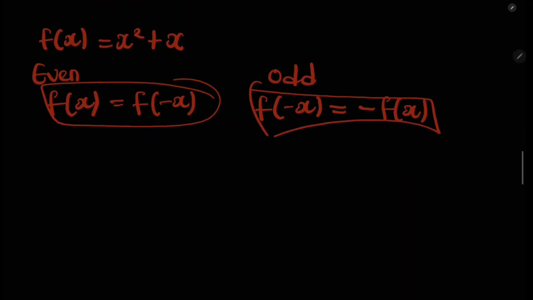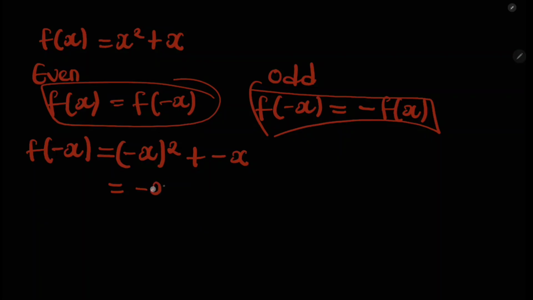So let's try this. Let's take f of minus x and see what it will give us. So we have minus x squared plus minus x. So this gives us minus x squared minus x.